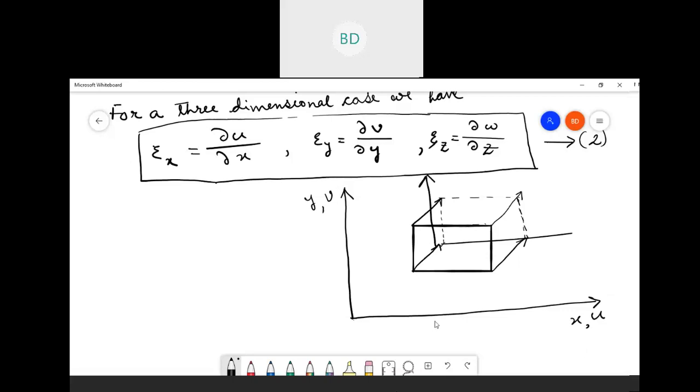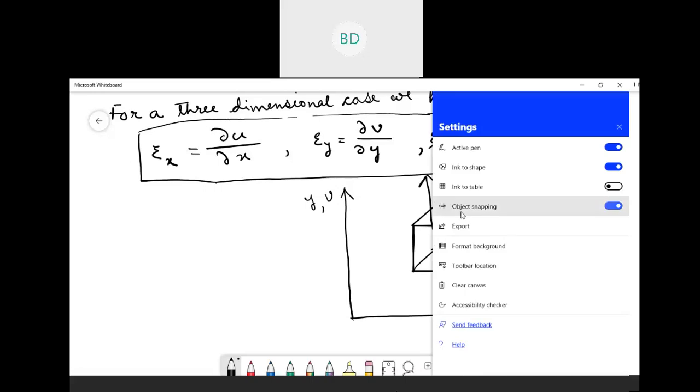Let's do one thing. It's a little bit complicated diagram, so maybe I will send you the figure.